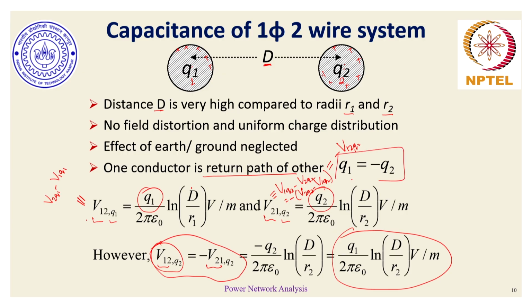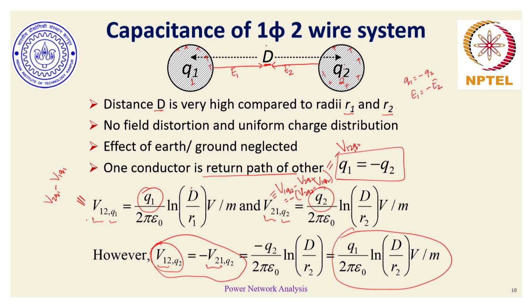since Q1 is equal to minus Q2, for Q1, if I were to draw the electric field intensity line, it would be orthogonal to this surface, let's say E1. Similarly, I would have E2 electric field coming out. And these are all orthogonal. Since Q1 is the negative of Q2, it would mean that E1 would be the negative of E2.